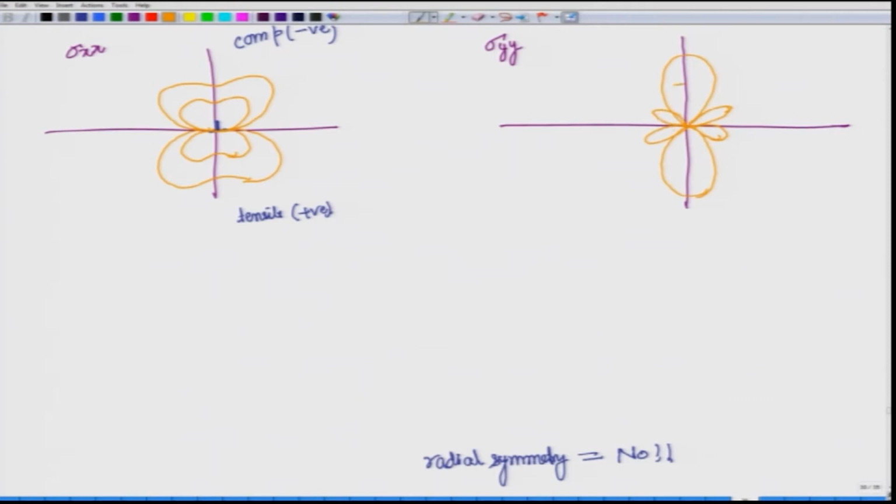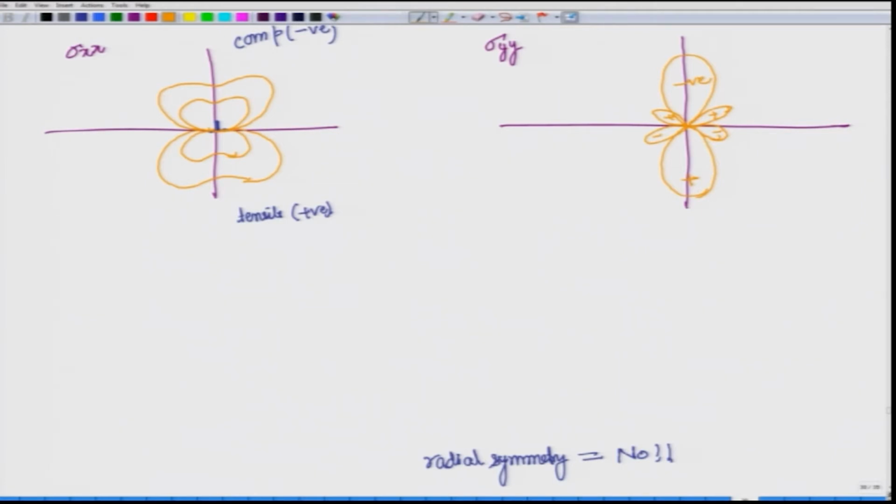If this is negative, then this also turns out to be negative, this also negative, and this is positive, this is also positive, this is also positive, meaning this is compressive, these two smaller lobes are also compressive, this is tensile and these two are also tensile.